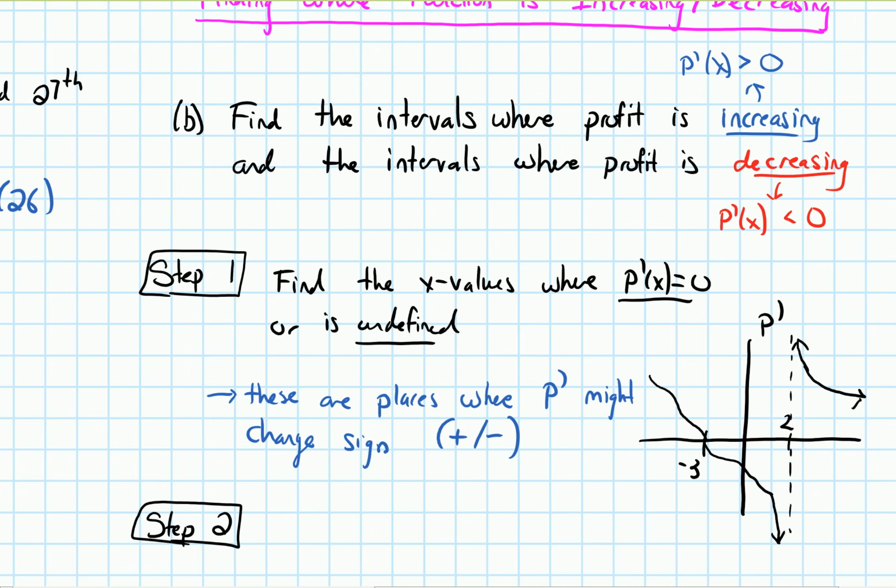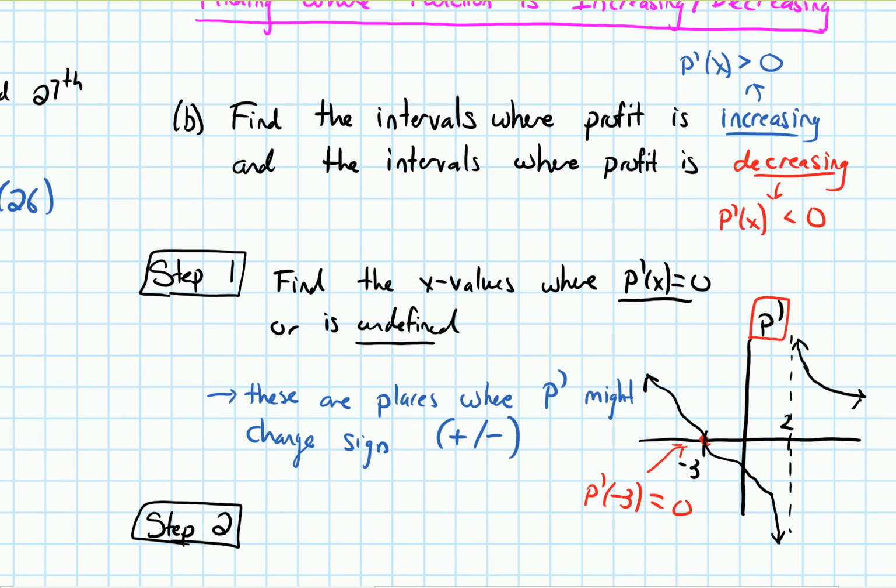Looking at this graph, let me also draw an arrow pointing this way. Where negative 3 is on this graph, and this is the graph of the derivative, p prime, p prime of negative 3 equals 0. So when a function equals 0, so when its y value is 0, the function might change sign, and that happened in this graph. It changed from being positive on the left-hand side to negative on the right-hand side.